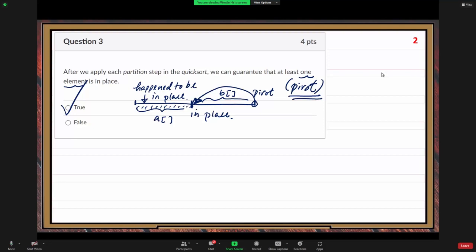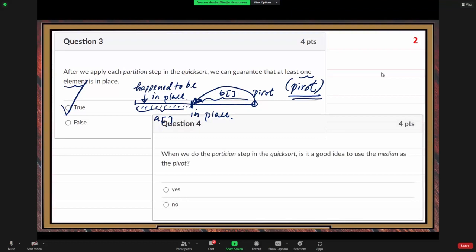So for other elements, even if they are in place, it doesn't help, because we will move those elements to some other locations in our later process. It doesn't help.